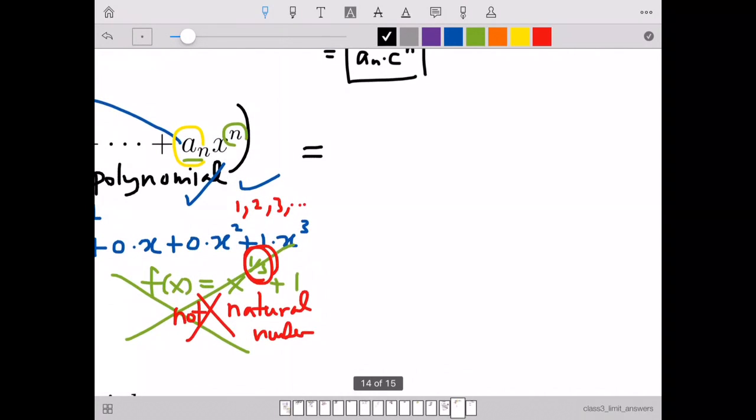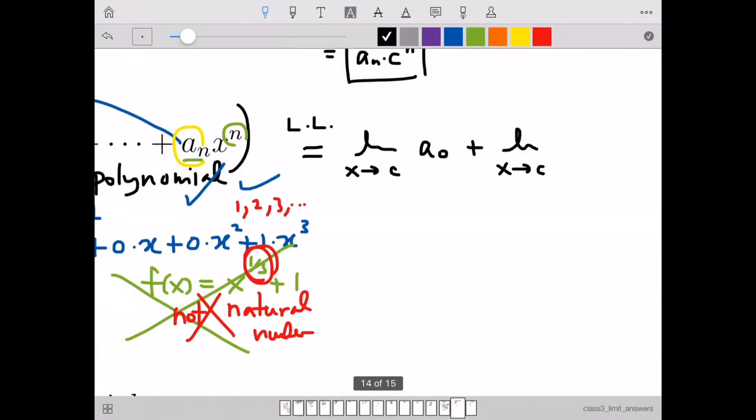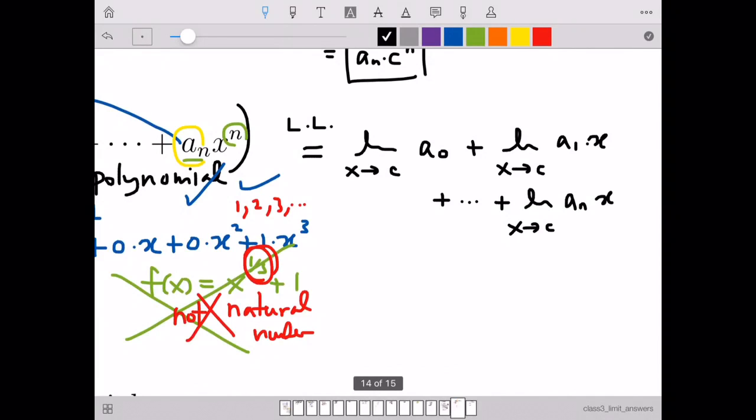By limit law, the limit of the sum is the sum of the limits. So a0 plus the limit as x approaches c of a1x plus the limit as x approaches c of an x to the n.